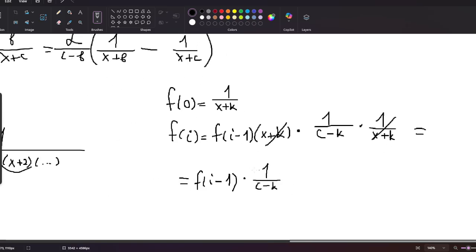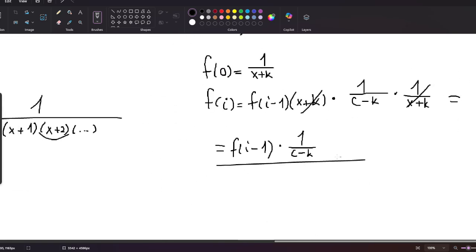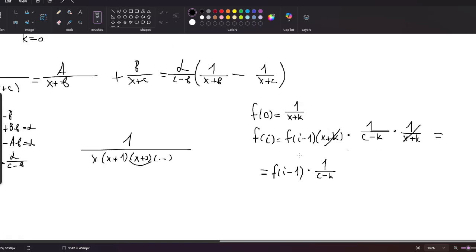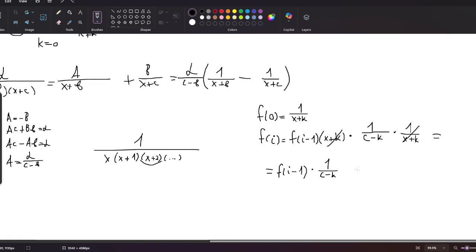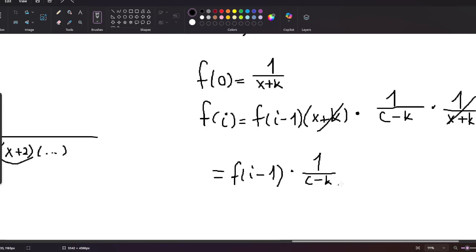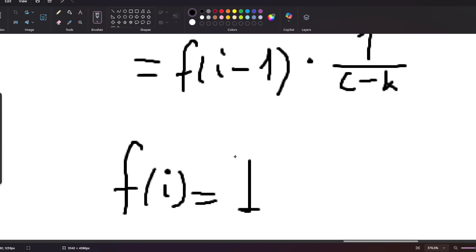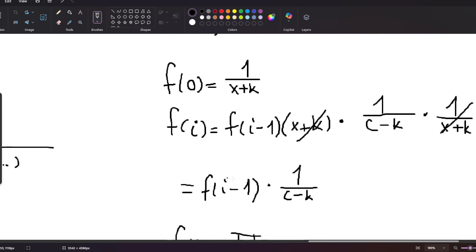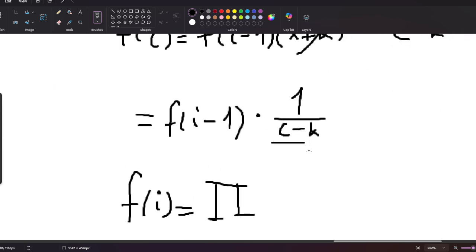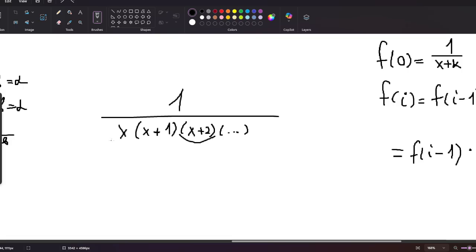What we have done is recursively define the coefficient for every part of this product after we expand it out into fractions. That's nice, because now we can say that A of i is going to be a product. We just have to go through every c that is present here, which is going to be every element from 0 to n except for k.